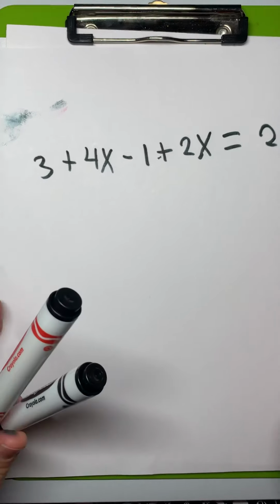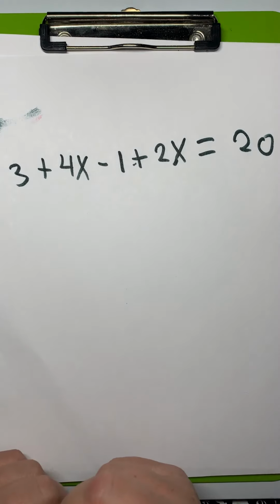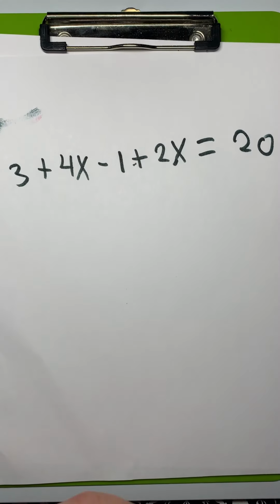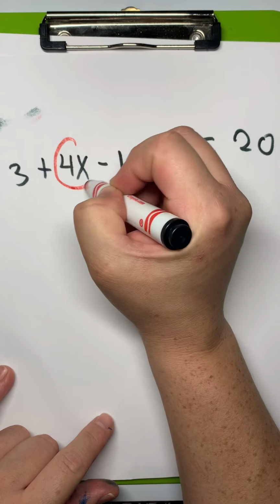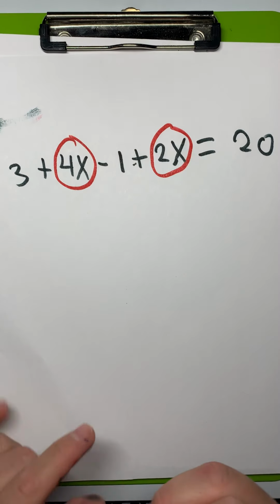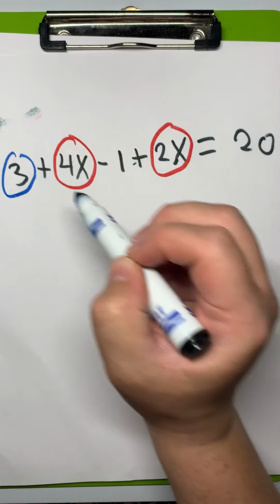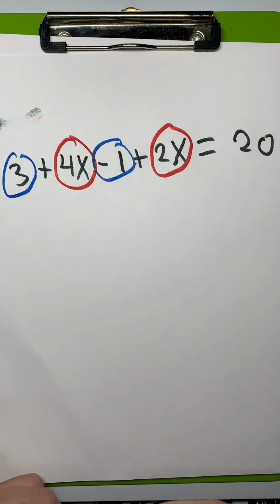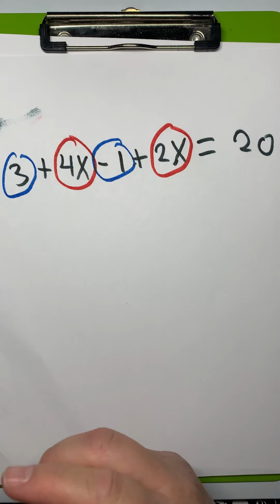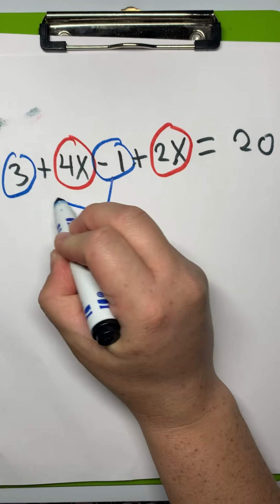Okay, so now we have a more complicated equation here. First thing we always got to start with is you're going to start with combining your terms. Your x's get to go together first, and then whatever does not have a variable, your 3, your -1, those do not have variables, so you don't do those with the x's.